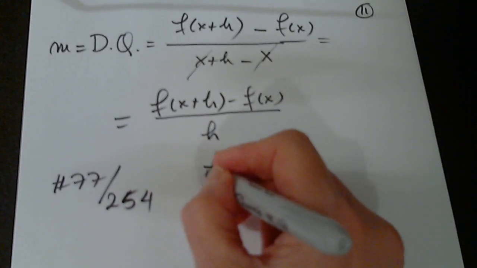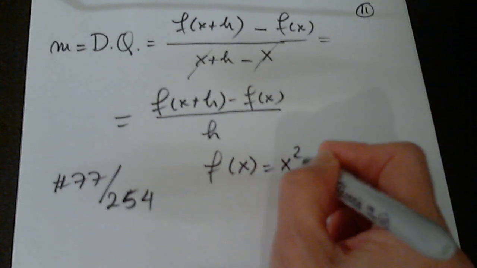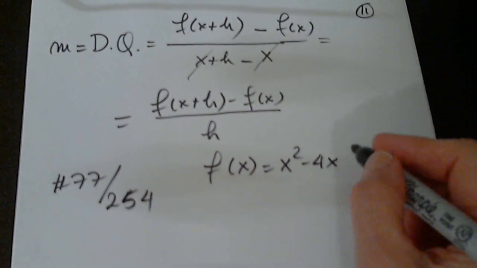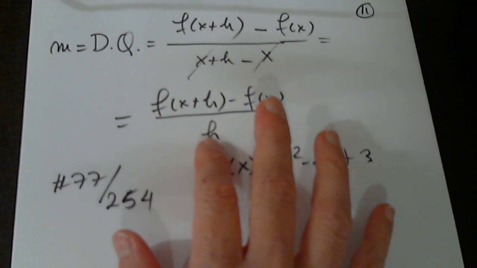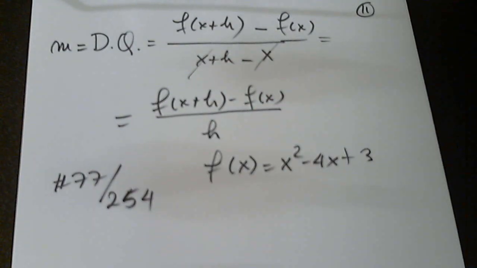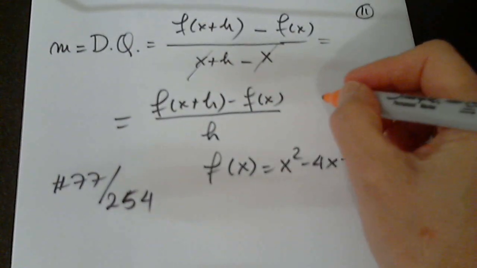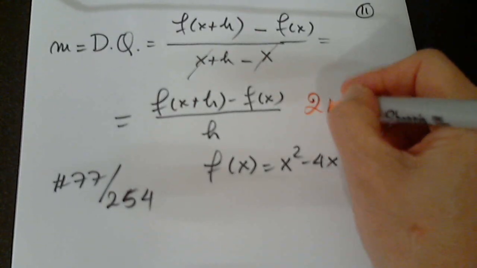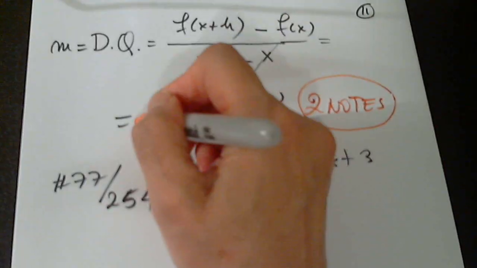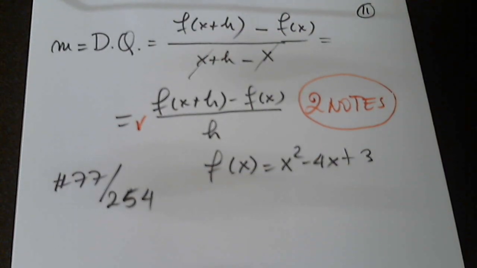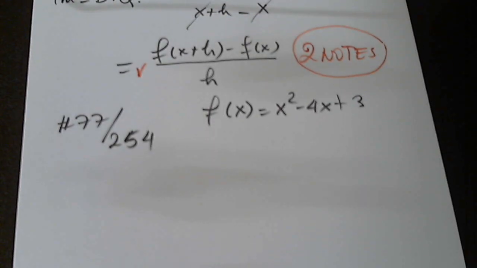We're given the function x squared minus 4x plus 3. When it comes to the difference quotient, please pay attention. I'm going to write two notes, two notes that go mandatory with the difference quotient. We'll get to that in a moment. So, what is the question here?